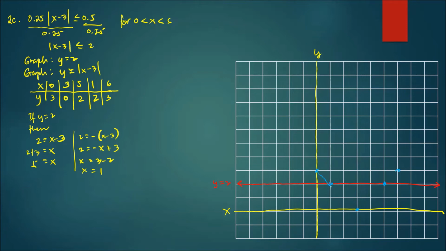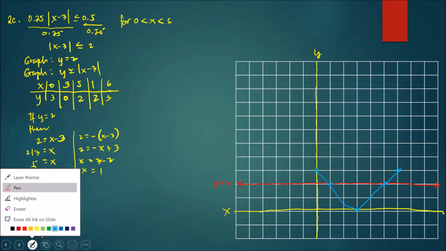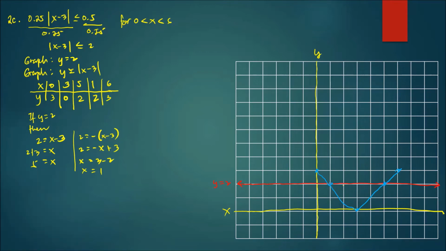So this will be our graph. Okay. So again, we are interested with the values of y that are less than or equal to 2. So that should be below the line y is equal to 2. So we are interested with this part.